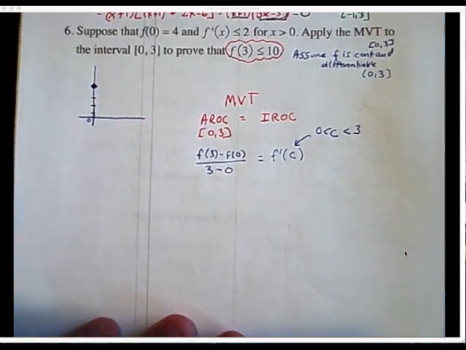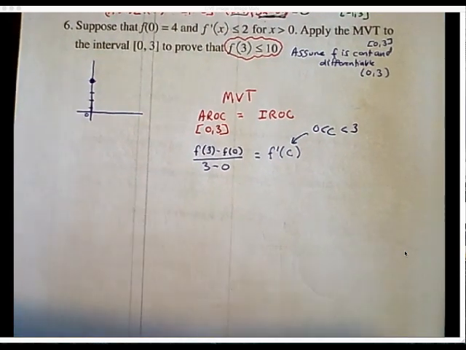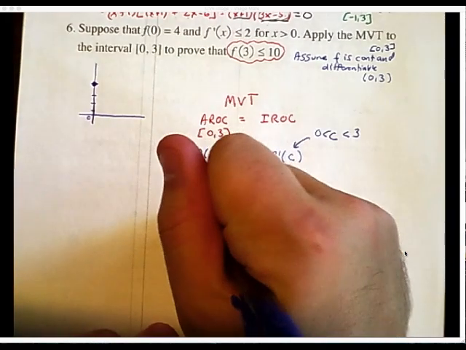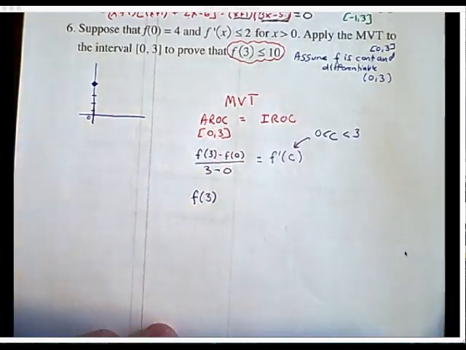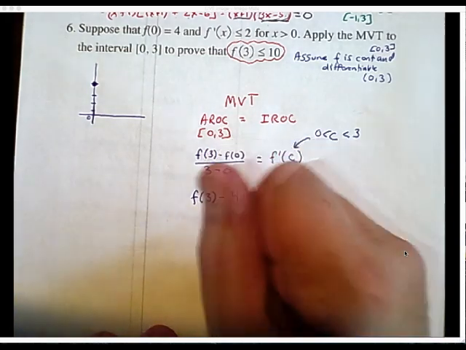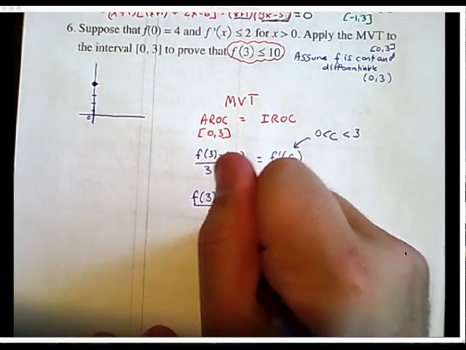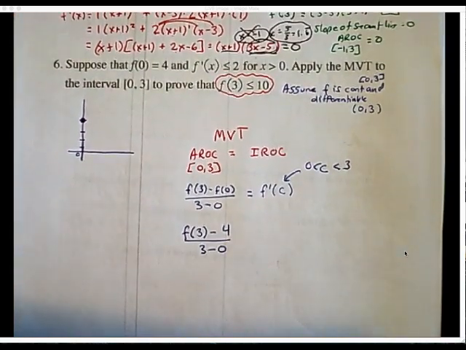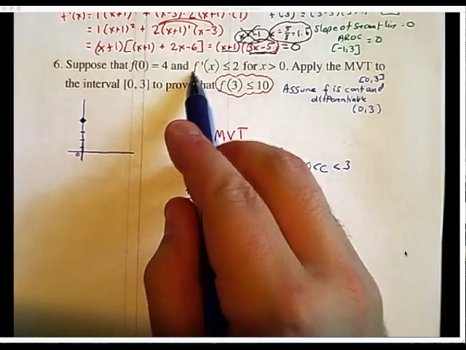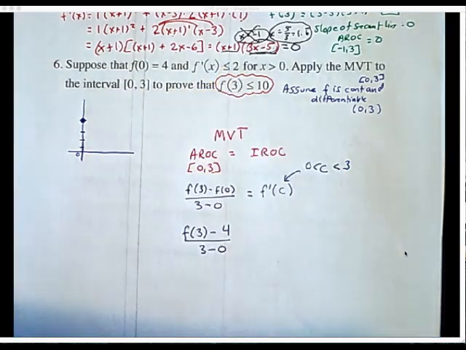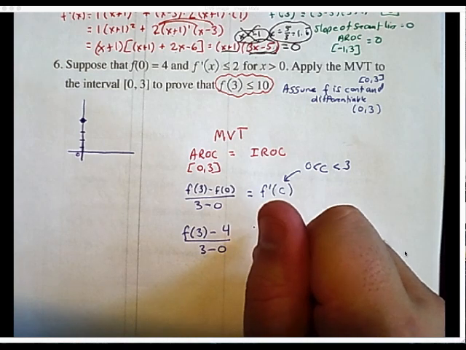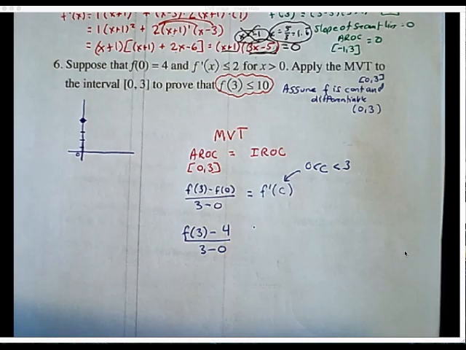So I can start to plug in some numbers they give me. I don't know what f of 3 is yet, but I do know that f of 0 is 4. And I know that the derivative is always less than or equal to 2, so this number is less than or equal to 2.